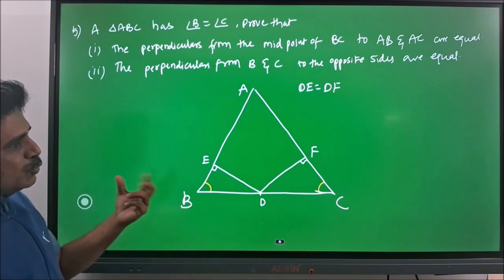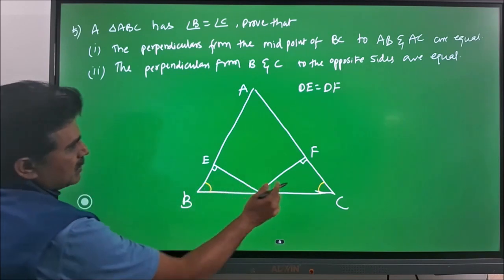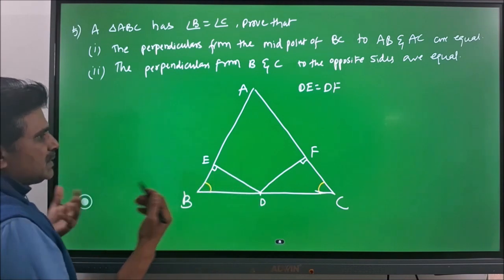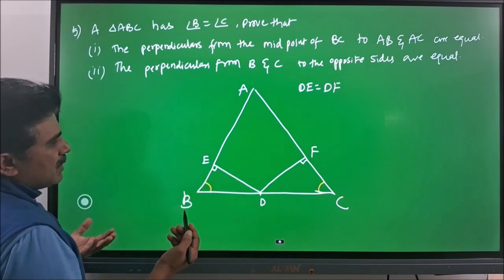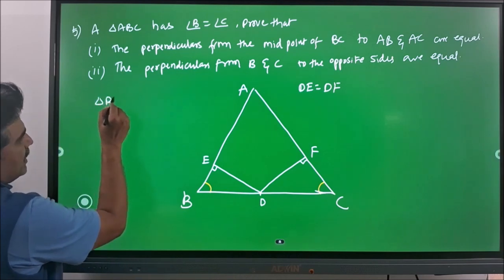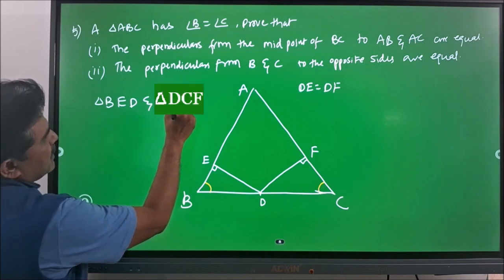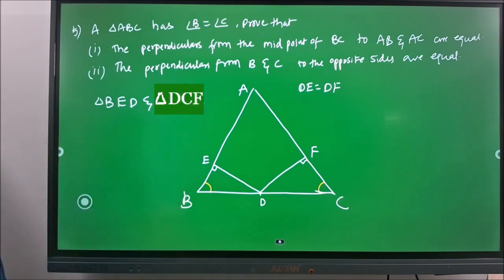So first of all, consider any two triangles. By seeing this one, I can see that these two seem to be similar. So let's prove whether those are congruent or not. So triangle BED and triangle DCF, I am considering those two. In that, we need to see whether any congruency is there or not.